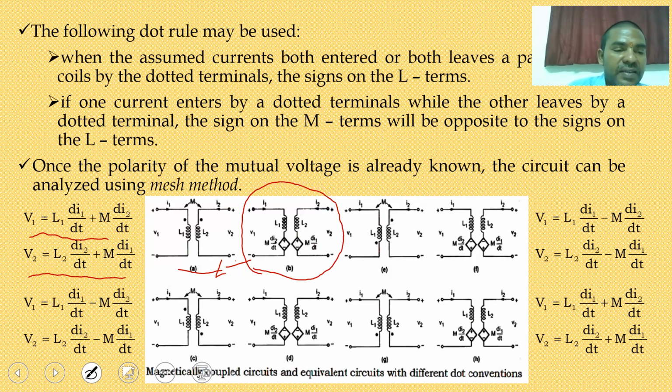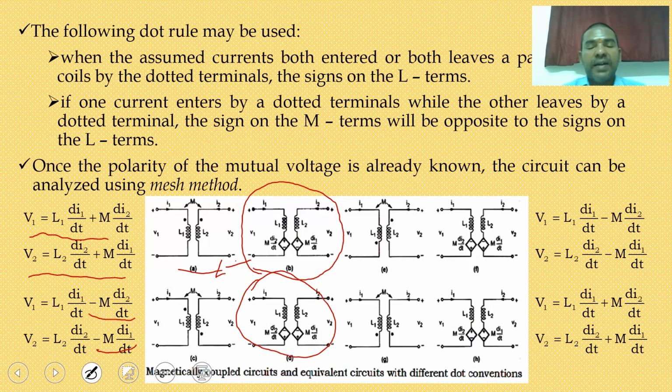So the first equation, L1 di1 by dt, must be the same, but the next value is minus M di2 by dt. Similarly for V2, L2 di2 by dt is common, but the mutual inductance is opposing, so we are writing minus M di1 by dt. So the equivalent circuit for figure C will be D.